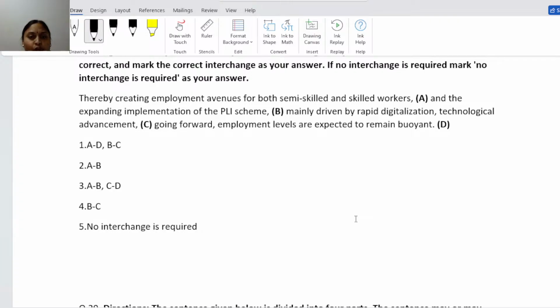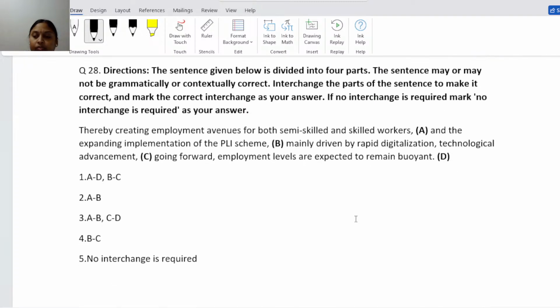Going forward, employment levels are expected to remain buoyant. So here what will be the correct answer? We are supposed to see. Here we have to rearrange the statement A to D and B to C.